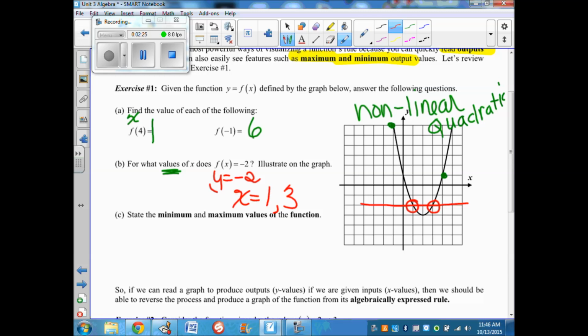Part C, state the minimum and the maximum values of the function. The minimum value, the lowest value of this function, occurs right there. So that minimum value, we'll just say min, is where y is equal to negative 3. And then what is the maximum value?